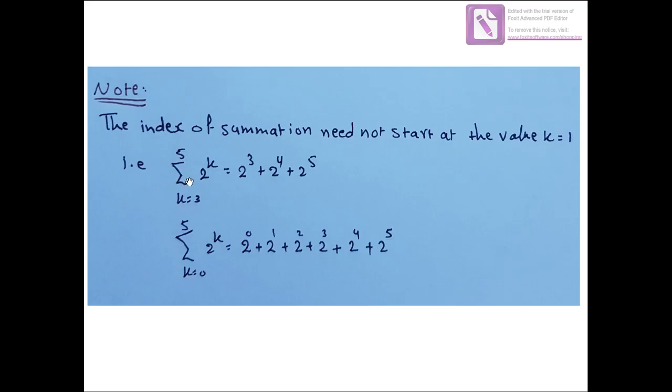So for example if you have summation of 2 power k where k starts from 3 to 5, it will be 2 power 3 plus 2 power 4 plus 2 power 5. For this one, summation of 2 power k where k starts from 0 to 5, it will be 2 power 0 plus 2 power 1 plus 2 power 2 plus 2 power 3 plus 2 power 4 until 2 power 5.